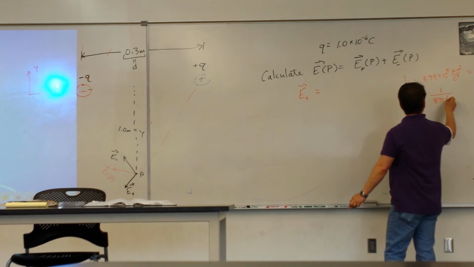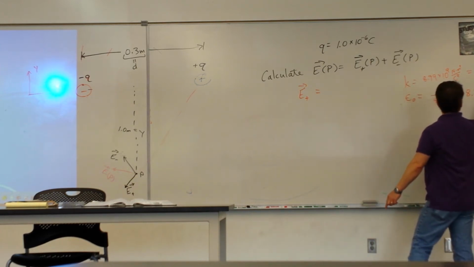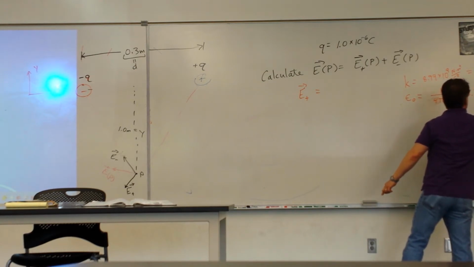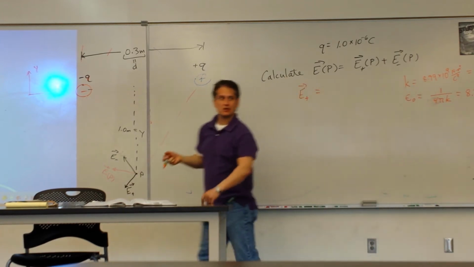So they're equivalent in that sense, but the value is about 8.86 times 10 to the negative 12, not 19, Coulomb squared per Newton meter squared. I think we briefly talked about this. But express your answer in terms of this 1 over epsilon naught. The reason is, you'll see sometimes you simplify out these pi's.